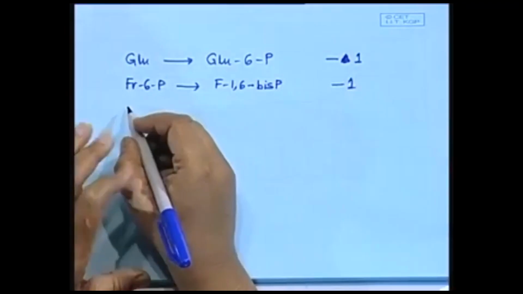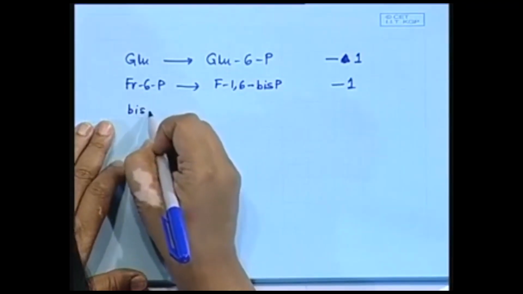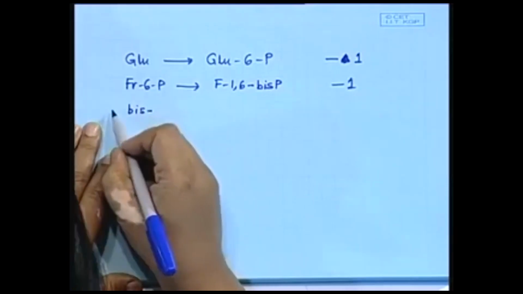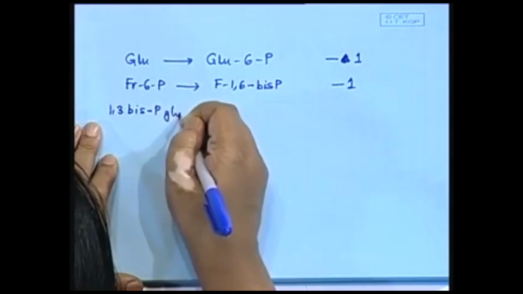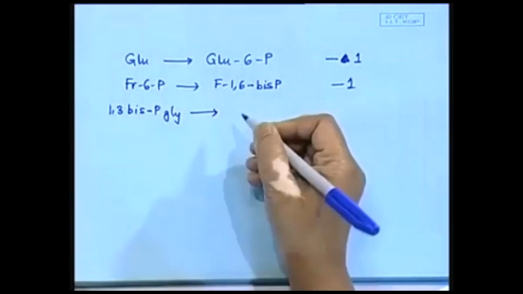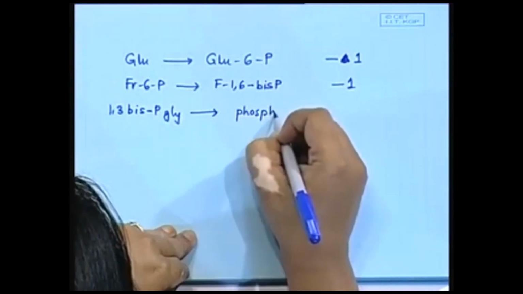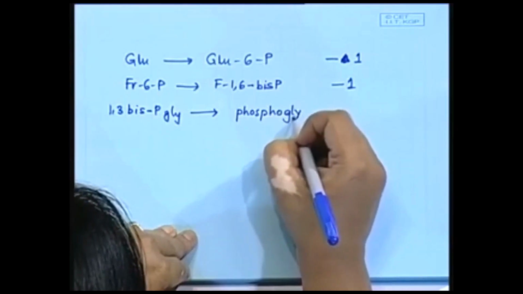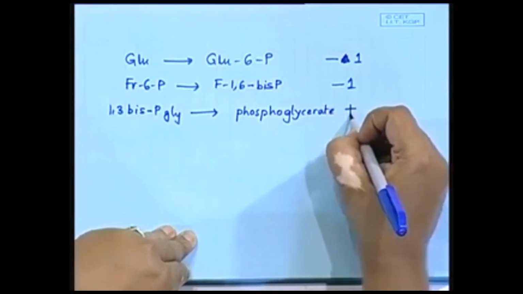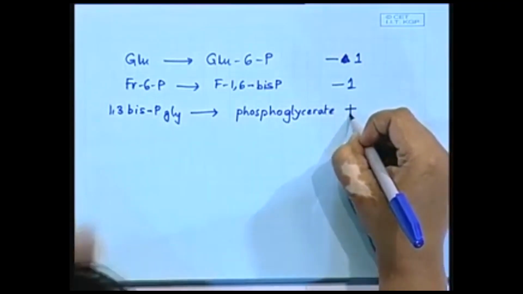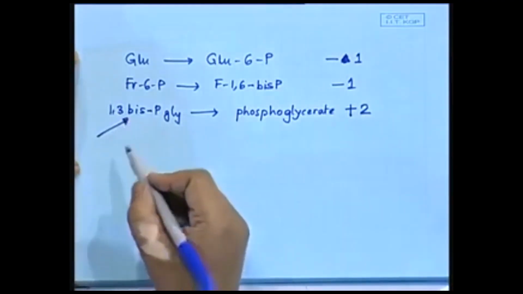Then we have the 1,3-bisphosphoglycerate. What did that form? That formed the phosphoglycerate. And what happened there? It was plus 2 actually, because we have 2 of the 3 carbons now.